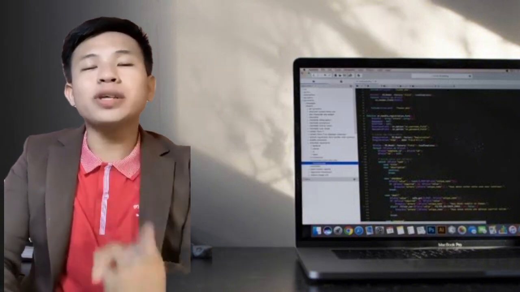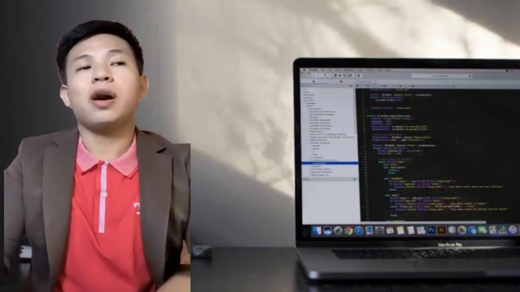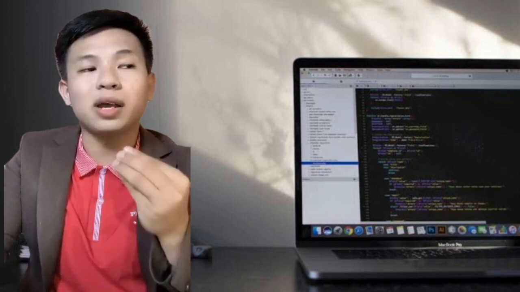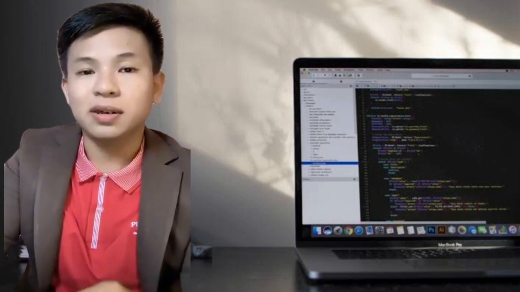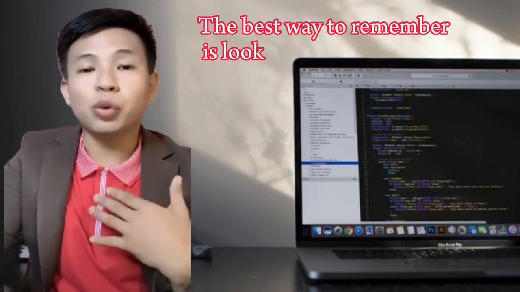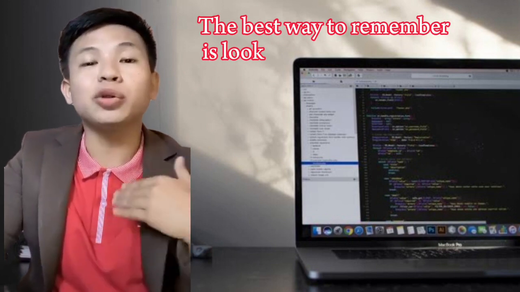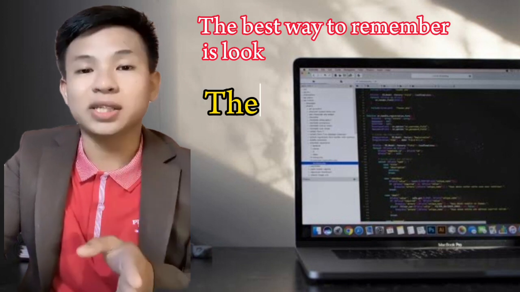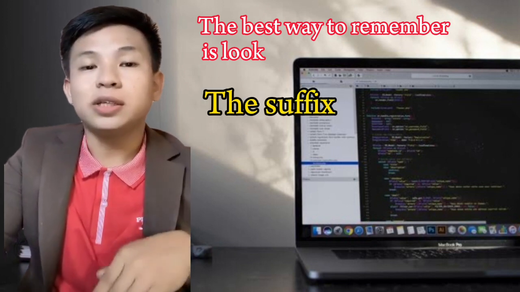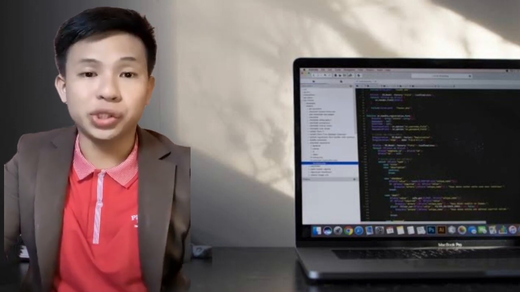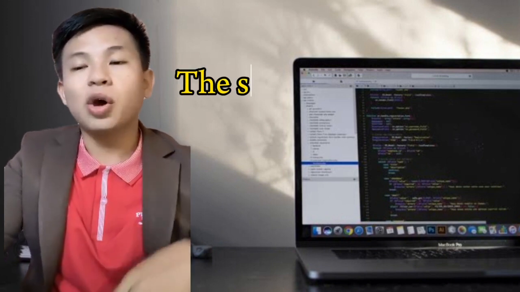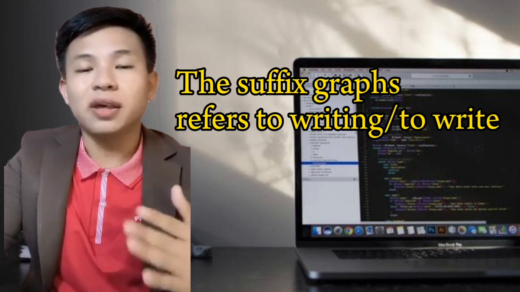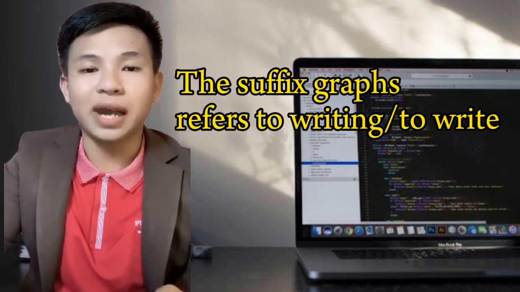So the question here is, what is the easy way to remember? The best way to remember is to look at the suffix of each word, homograph and homophones. In homograph, the suffix there is graph, right?